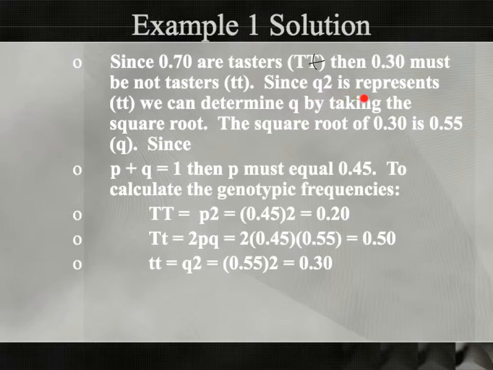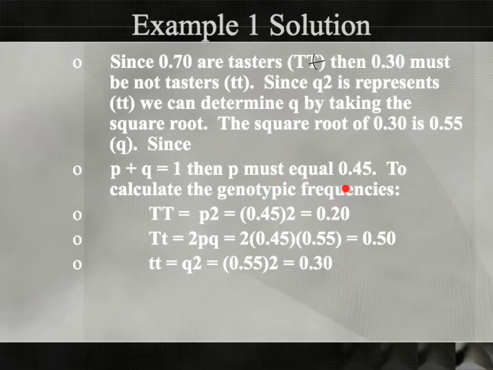Since q squared represents our homozygous recessive individuals, we can determine q by taking the square root. The square root of 0.3 is 0.55. So we have now our q number. p plus q equals 1. So now, since we have q here, we can determine p.